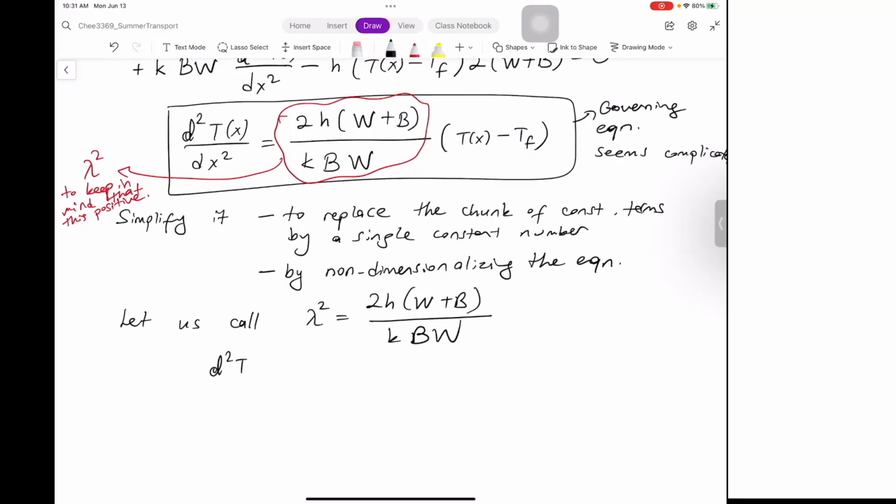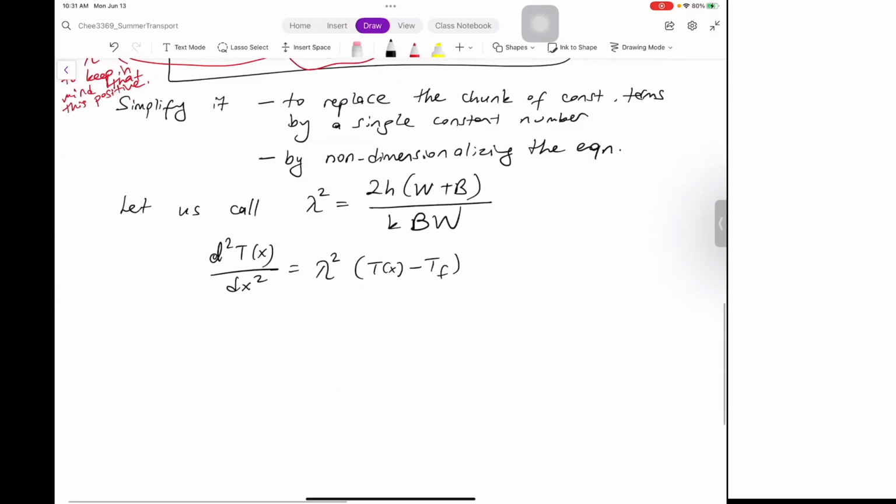d squared T over dx squared is equal to lambda square times (T minus TF). Looks much simpler. But this is a formula which relates temperatures, positions, and so on. They have units like Kelvin, meters, and so on. But I want to make everything unitless.